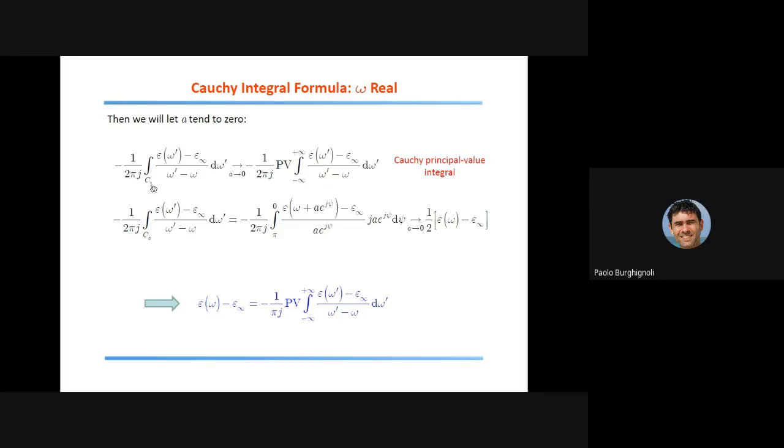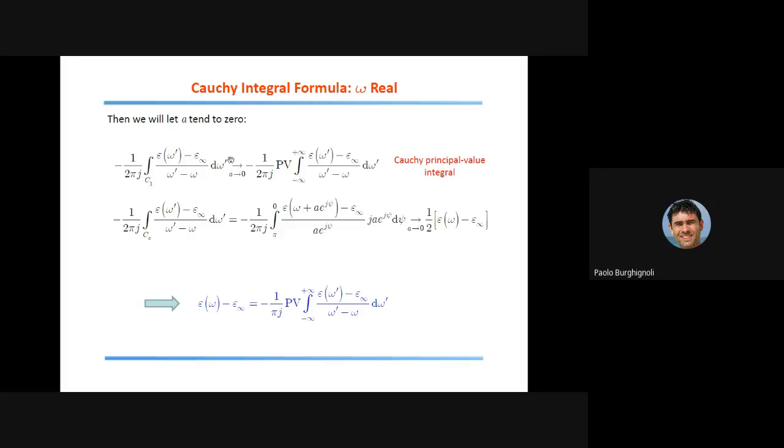If you consider the integral along C1 and you let a tend to 0, then by definition you obtain a kind of improper integral, which is known as a Cauchy principal value integral. PV stands for principal value, which is an integral along the entire real axis in which you have removed a single point, the point omega, and you have let the interval around this excluded point shrink to 0 symmetrically around omega.